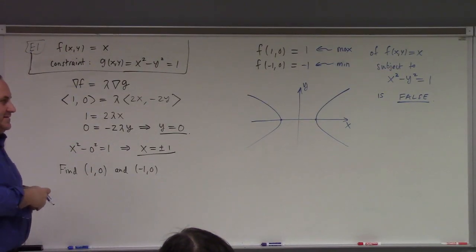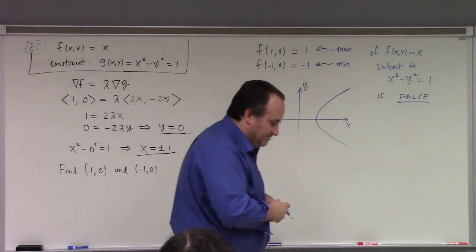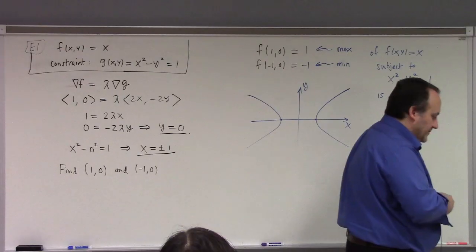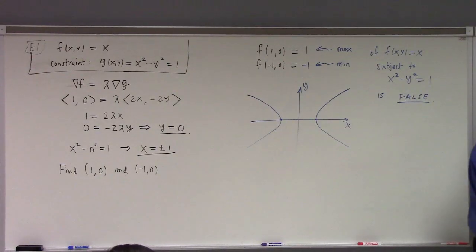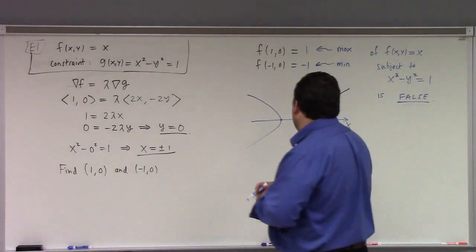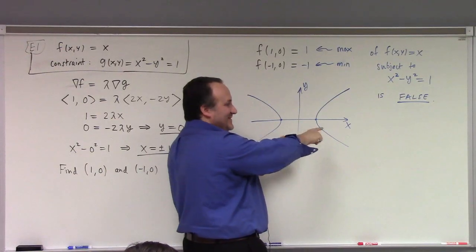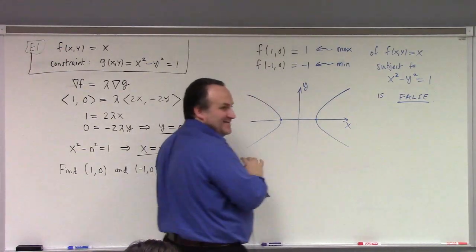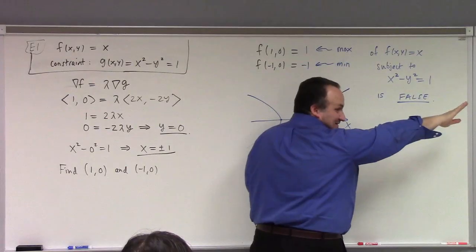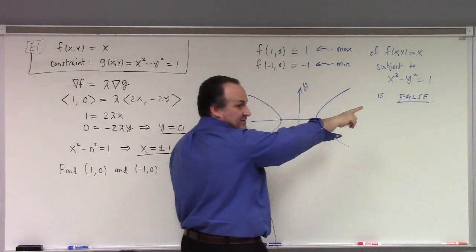So the Lagrange multiplier method allows us to hunt for extrema, but we have to be careful. It can give us false positives, right? Because obviously, if you look at x, how big does x get on the hyperbola? As big as you want, because it goes on and on forever, right? We can make x as large as we want on this constraint.